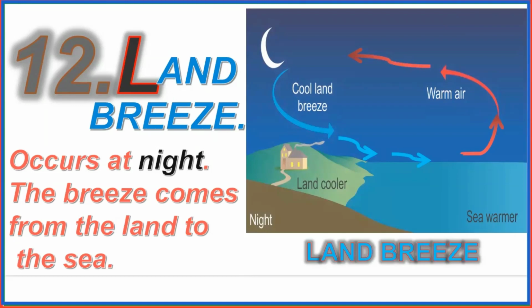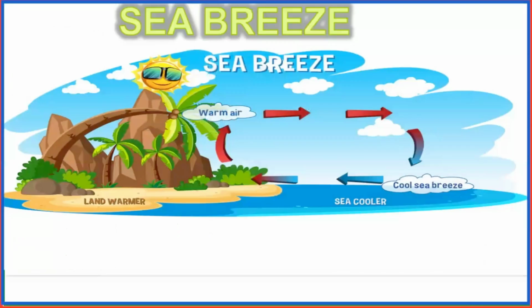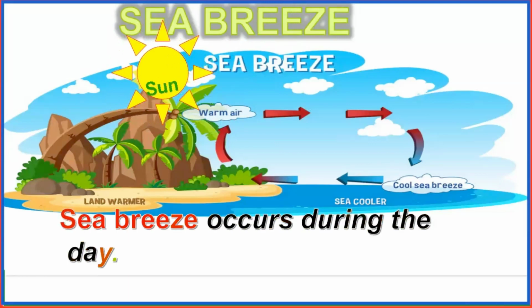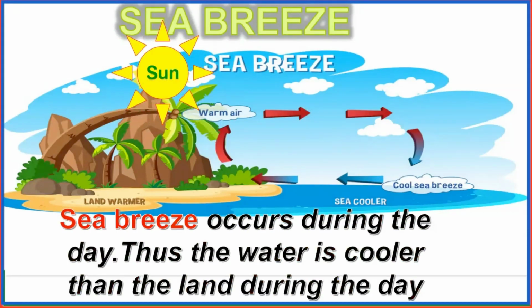That's why when swimming in an ocean at night, the water is warmer. You feel it well. Now, sea breeze is the other breeze here. Sea breeze occurs during the day, and it means breeze from the sea.